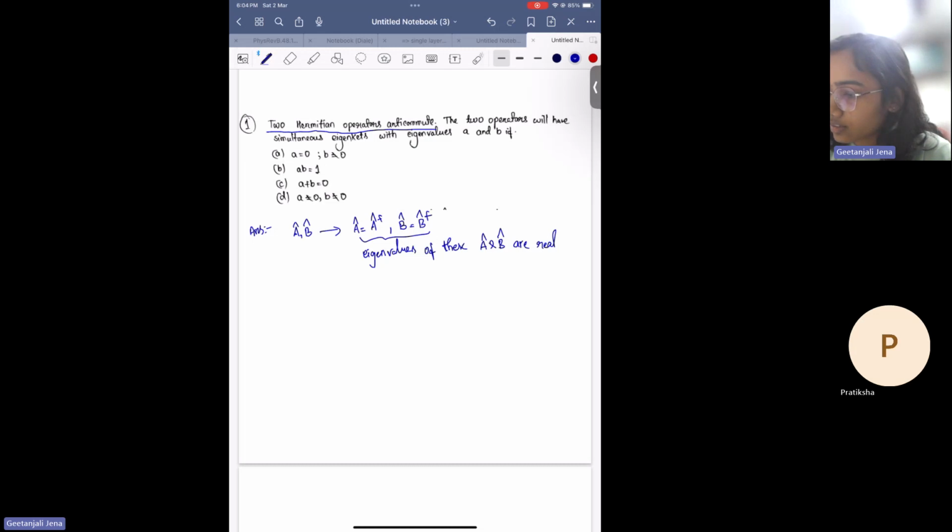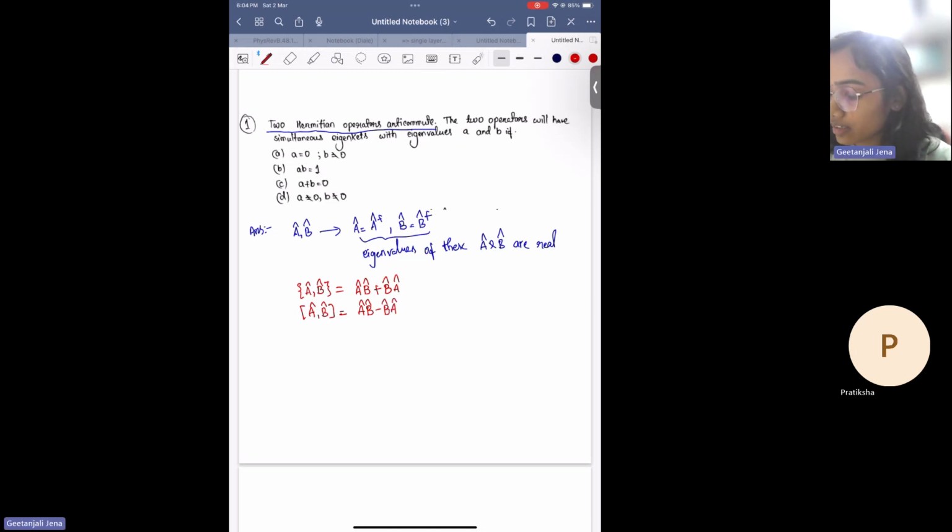It is given that these two operators anti-commute. This is the anti-commutation relation. If two operators A and B are given, then the anti-commutation relation is written inside curly braces, and it is given by AB plus BA. In the commutation relation, you have seen that the commutator of A and B is AB minus BA.